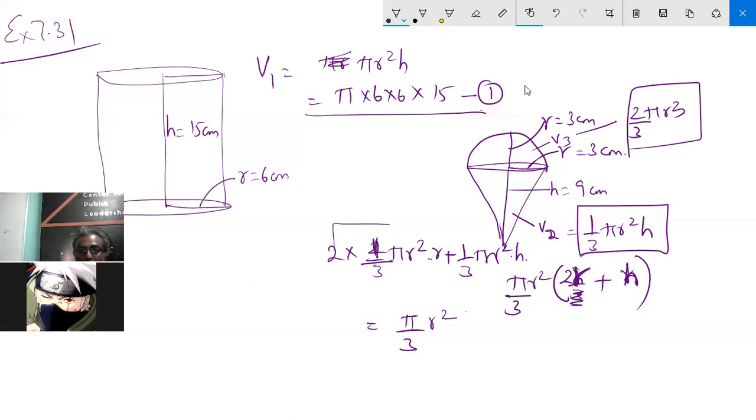So 2r you take off separately, and then it's 1/3 pi r squared, 1/3 pi r squared, into 2r plus h. Very simple. Now what you have to do, 22 by 7 into, divided by 3.